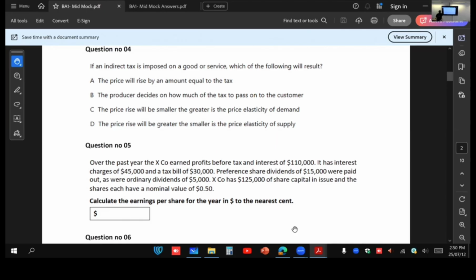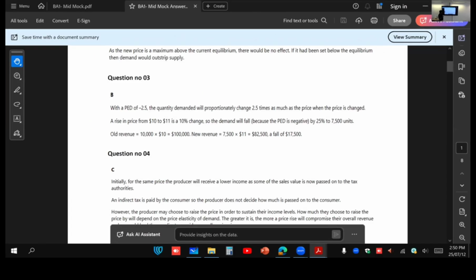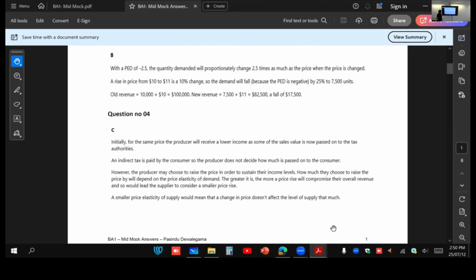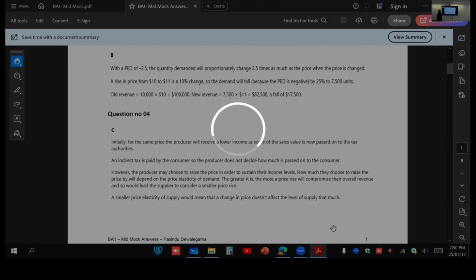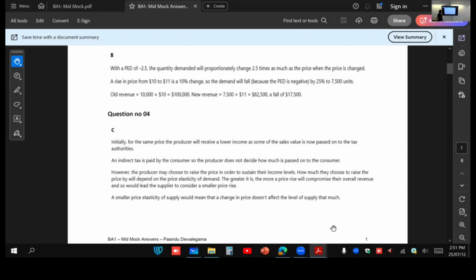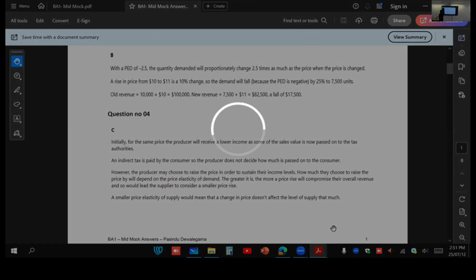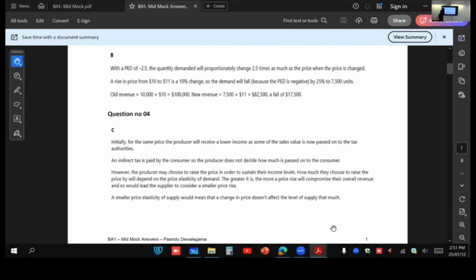See. Let's see. Initially the same price. Now they are talking about the impact of indirect tax, right? Initially, for the same price, the producer will receive a lower income as some of the sales levy is now passed on to the tax authorities.